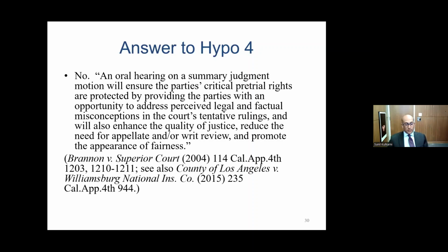That's different than the federal system. In the federal system, often trial court judges, district court judges, can decide things without oral argument. But in the state system, generally oral argument is required, or at least an opportunity for it. Again, you can waive it or forfeit it if after a tentative ruling you don't respond in time.